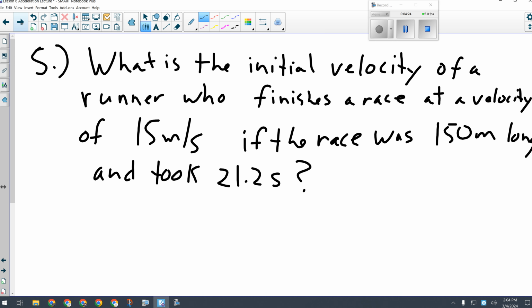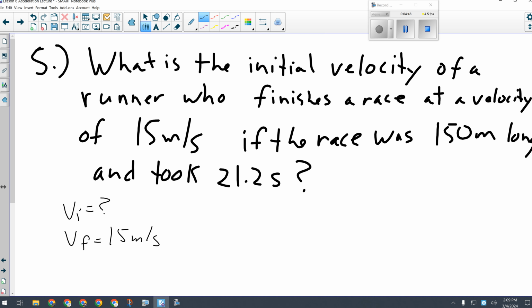Try that one. Looking for the initial velocity on that one. We're looking for the initial velocity of a runner who finishes a race at a velocity of 15 meters per second. So that would imply that's the end, or the final.